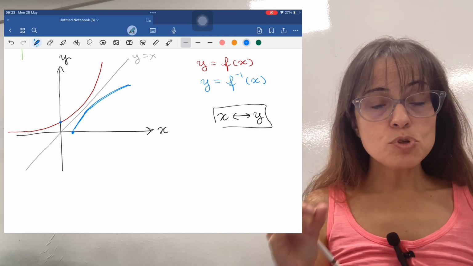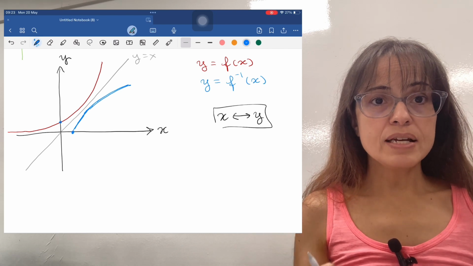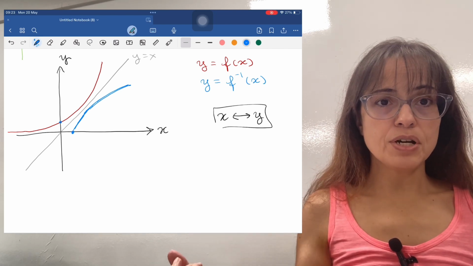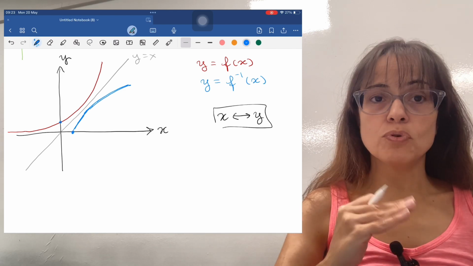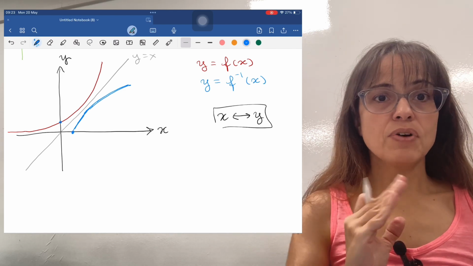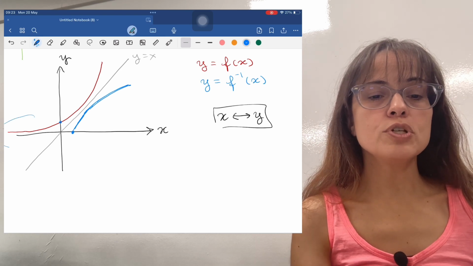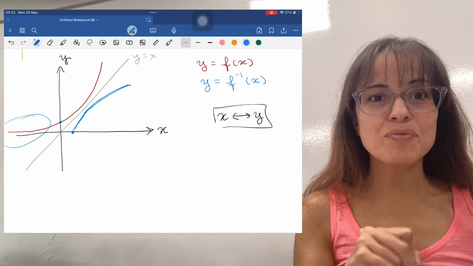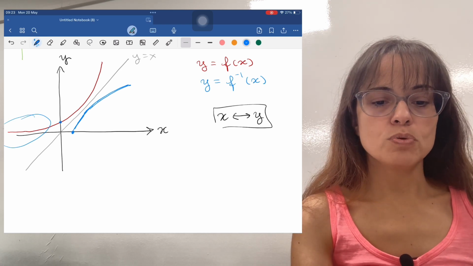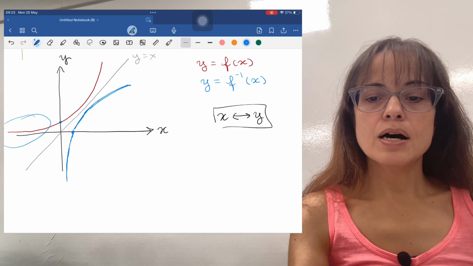But I am switching everything x for everything y. So x is horizontal and y is vertical, which means that I am switching everything horizontal for everything vertical, and vice versa. But this red function here has a horizontal asymptote, which means that the blue one is going to have a vertical asymptote, which I am putting right here.